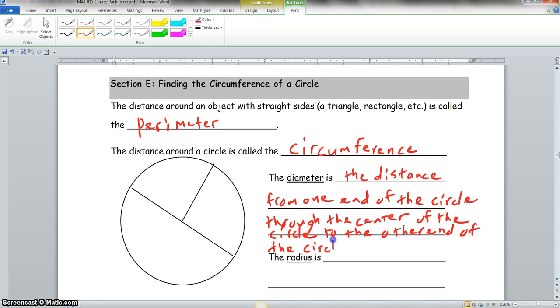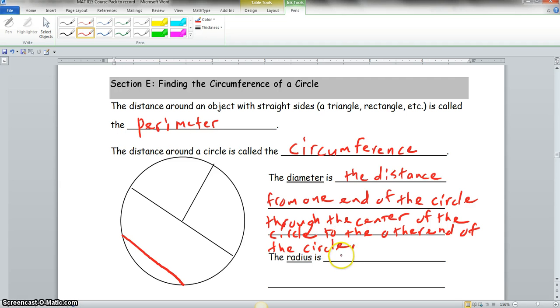Okay, now as you see here, this is going from one end of the circle to the other end, but it must go through the center of the circle, because like right here, I could go from one end of the circle to the other end of the circle, but since it does not go through the center, this is not the diameter. And also the diameter cuts the circle in half as well.